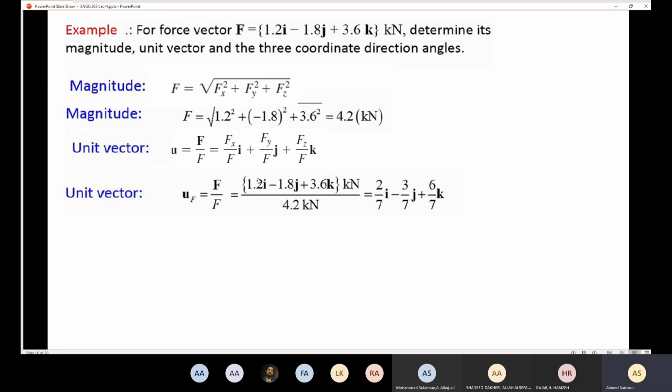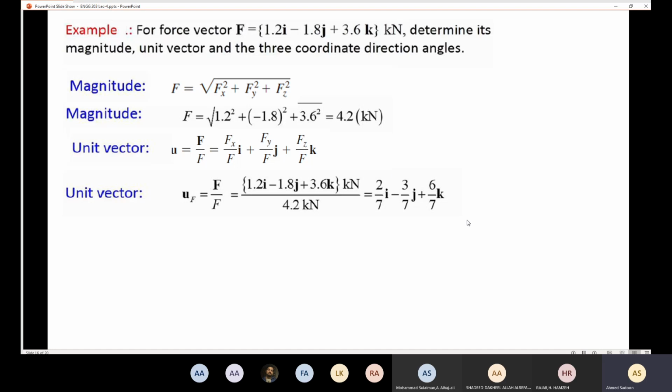If you divide 1.2 by 4.2, you have 2 over 7i. If you divide the next one by 4.2, you get minus 3 over 7j. And if you divide the last one by 4.2, you get 6 over 7k. This is the unit vector, and the unit vector doesn't have any units.